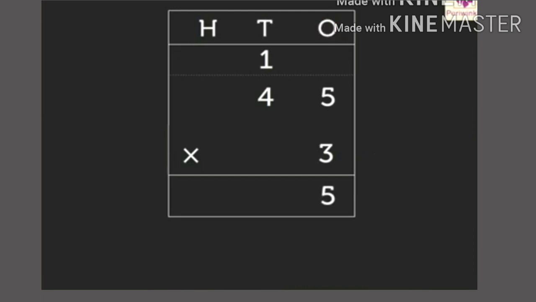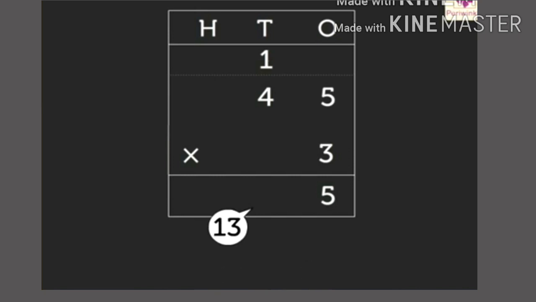So, next we have to multiply the digit in the tens place. So, multiply 4 with 3 and 4 into 3 will give you 12. So now there are 12 tens. Now 12 tens plus 1 ten will give you 13 tens. Okay.